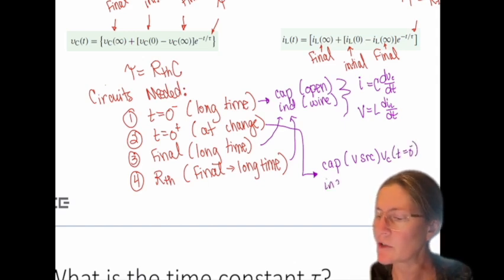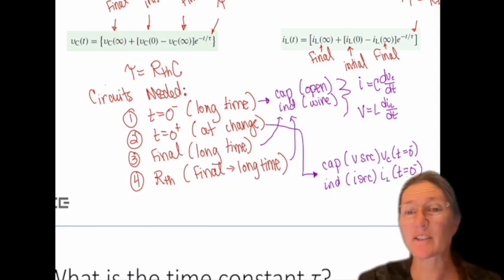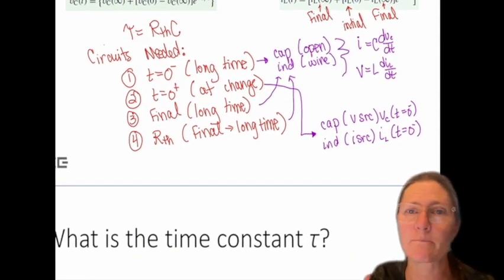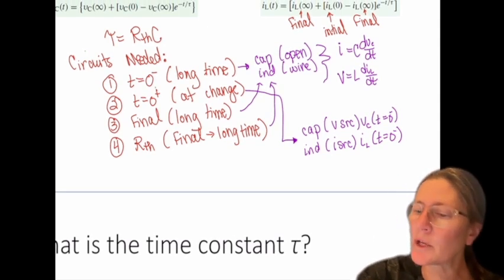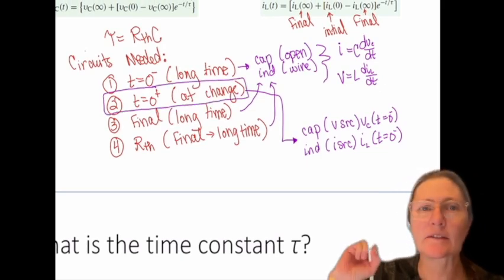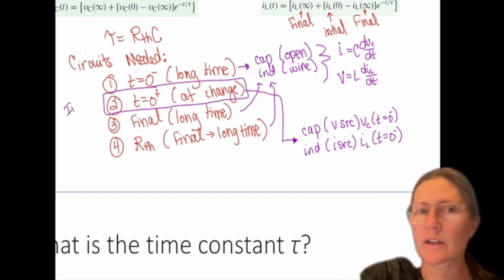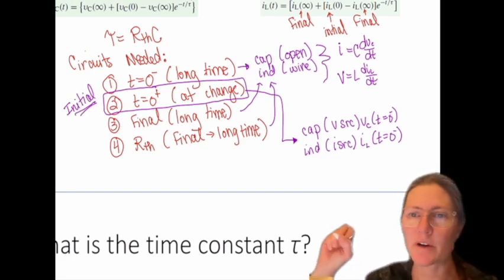For an inductor, it's going to be modeled by a current source, and the current through it is again what is found after it's been sitting there for a long time. So once you find this, this will be your initial state at 0 plus. So this is the initial time. So the initial value will be found at that time frame.